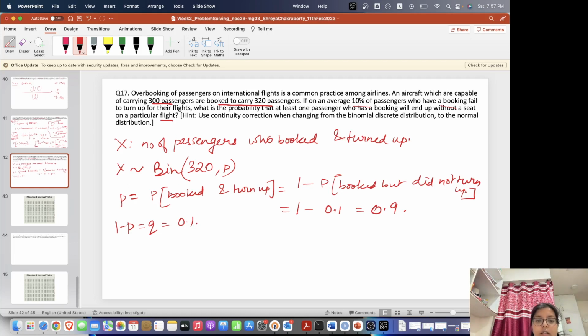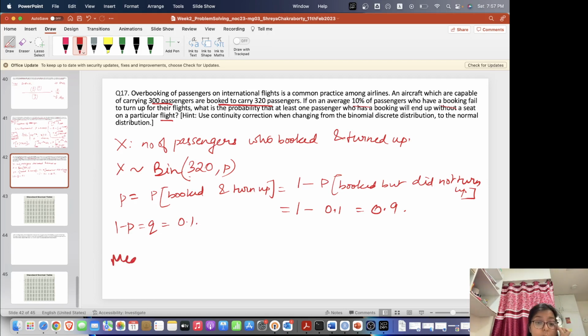Now, since this is a large number, 320, this binomial distribution can be approximated by the normal distribution. For that, we will see if it can be converted to a normal distribution.